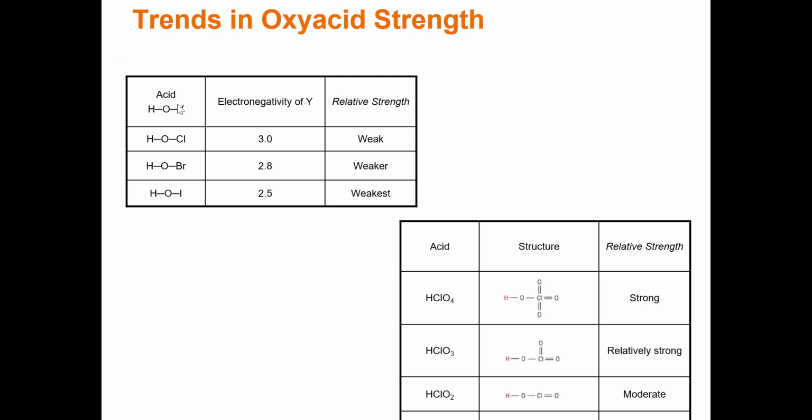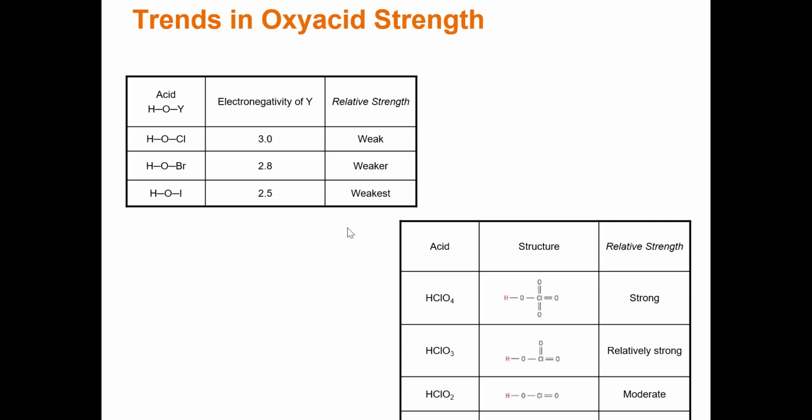So you can see the difference here is what we're calling Y, whatever that is, and we're showing the electronegativity of Y going down, and as that goes down, we're seeing the strength of the acid is also going down.